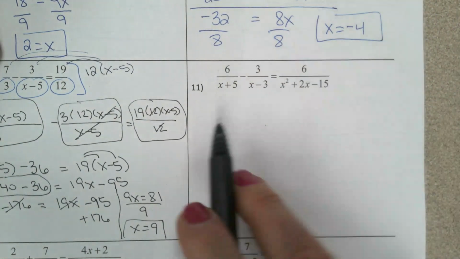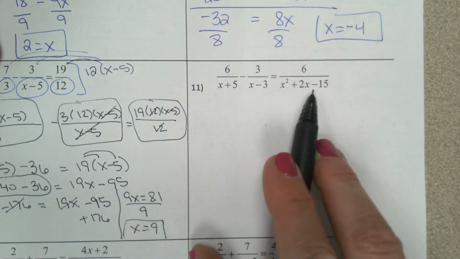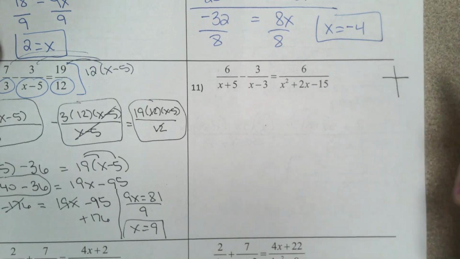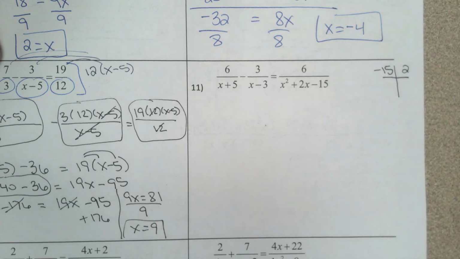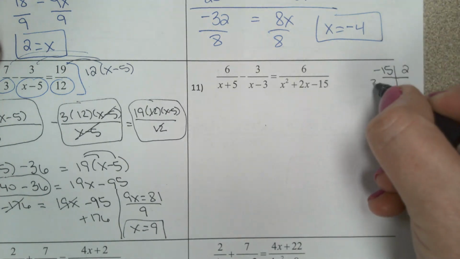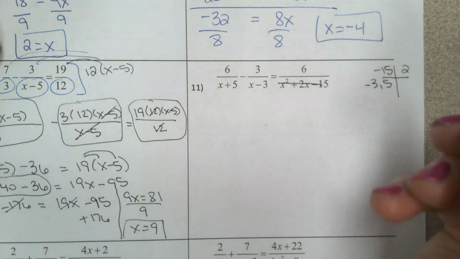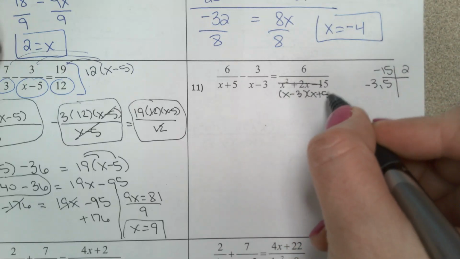All right, so x plus 5 can't be factored. x minus 3 can't be factored. I see an x squared, and it's a trinomial, so that can be factored. I need factors of negative 15 that add up to 2. So I know I'm going to play with 3 and 5, and the 3 is going to be my negative one. So this factors as (x minus 3)(x plus 5).